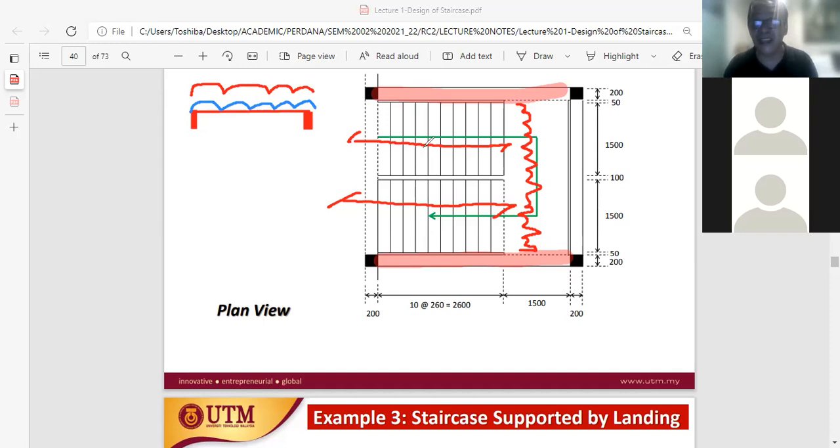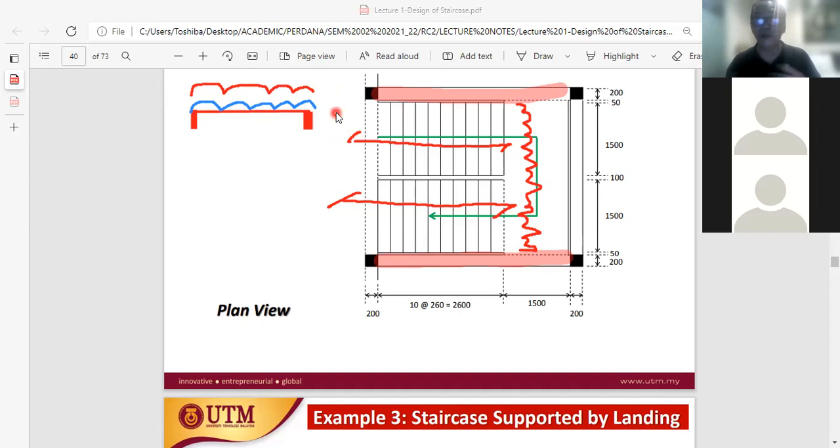For the landing punya design is where we consider loading coming from the self weight of the component, okay, self weight of the landing, which is in blue, and yang warna merah ni is the reaction coming from the staircase that the landing is supporting.